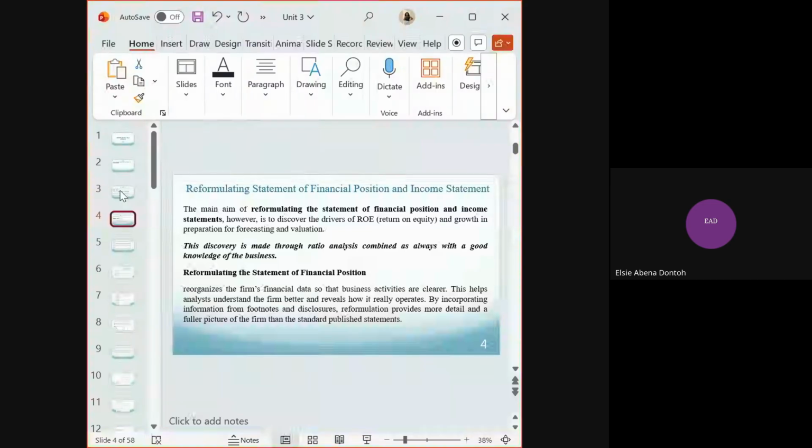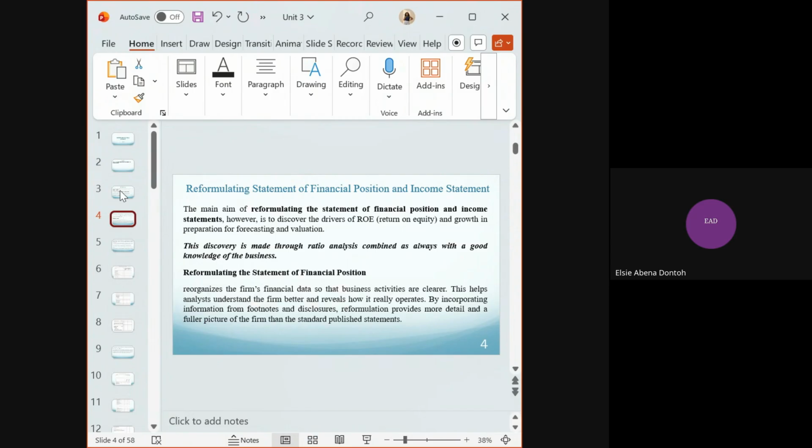So when we say reformulating the statement of financial position, what comes to mind? As we've established earlier, it is reorganizing the statement so that we are able to distinguish the operating activities from the financing activities. Reorganizing the firm's financial data, that's the reformulation, so that business activities are clearer.